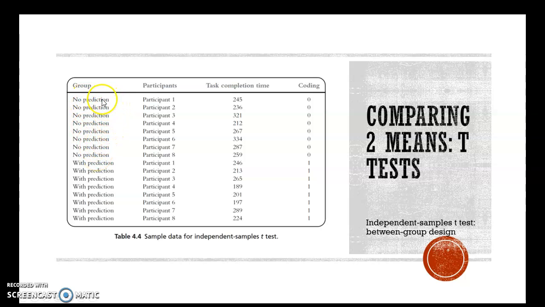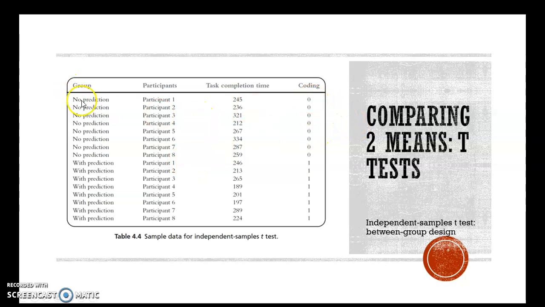One condition is no production software, one is with production software training. Then 8 participants do the first condition, and 8 participants do the second condition, and they got results. So the assumption is everybody has the same background.